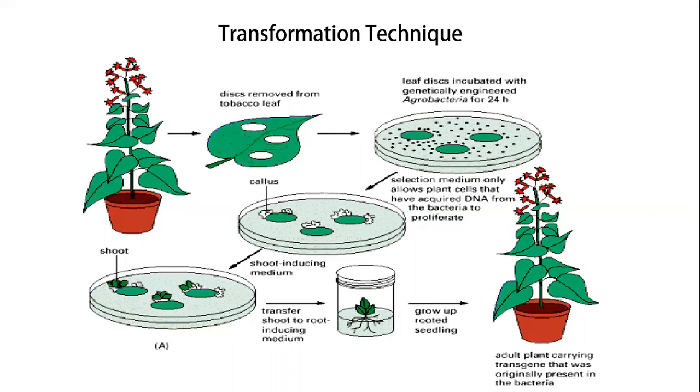After induction of root, these plantlets are transferred into soil in a pot for hardening, and from there the adult plants carrying the transgene can be generated.